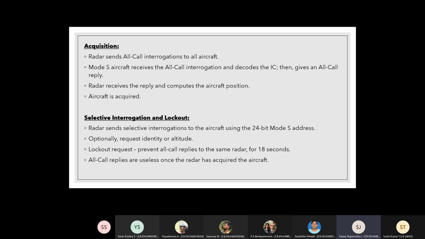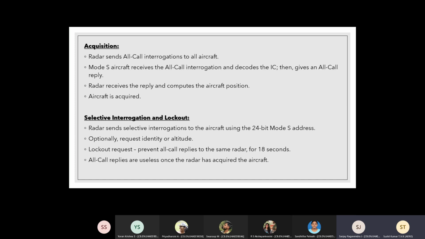The radar computes the aircraft position: the range from the time delay and the azimuth from the direction of the ground antenna.